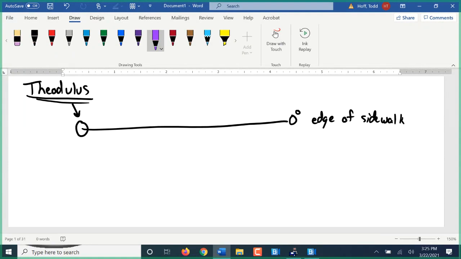The first corner of the house, from that location, we want it to be 13 feet away from the theodolite at an angle of 22.62 degrees. This angle is 22.62 degrees, 13 feet.